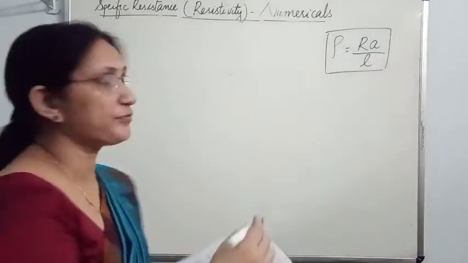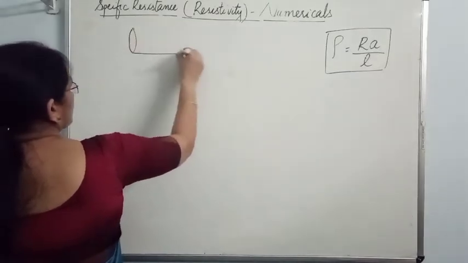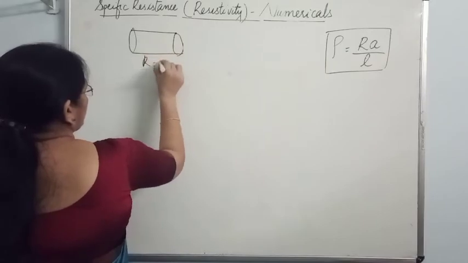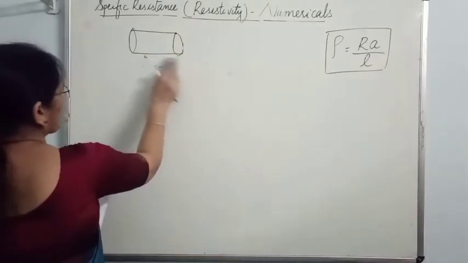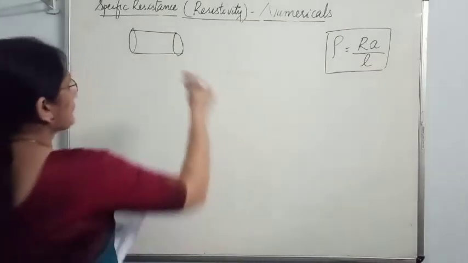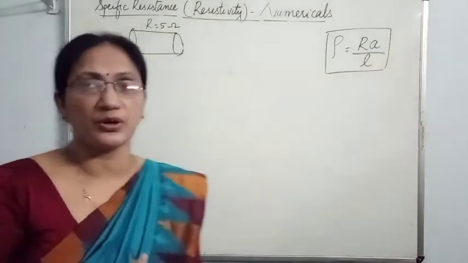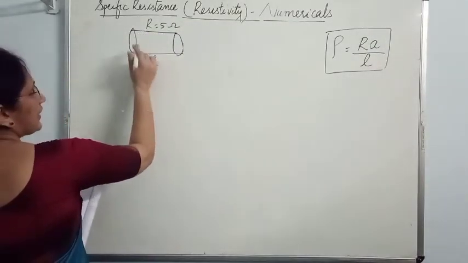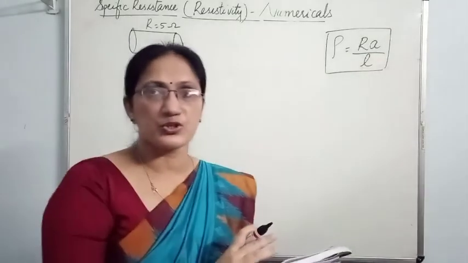A wire of 5 ohm resistance. Its length is not given, area of cross section is not given, so we will take length as L, and area of cross section is also unknown.